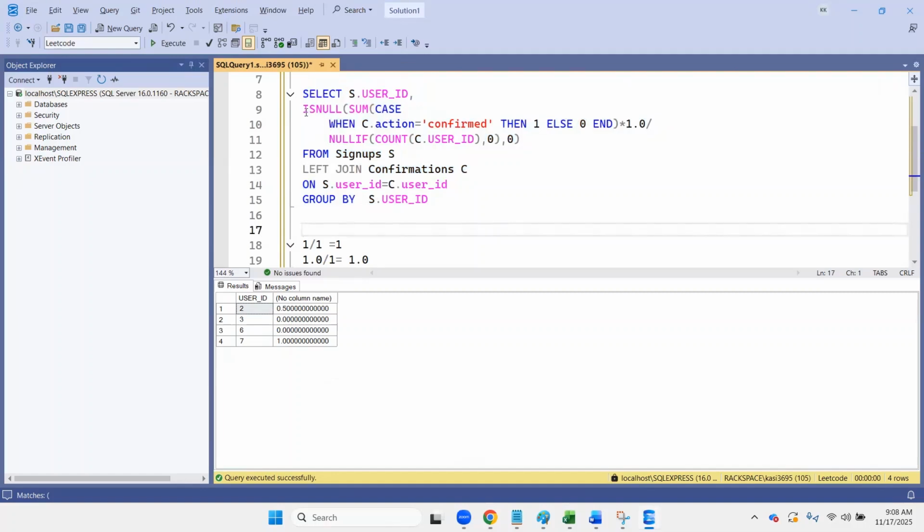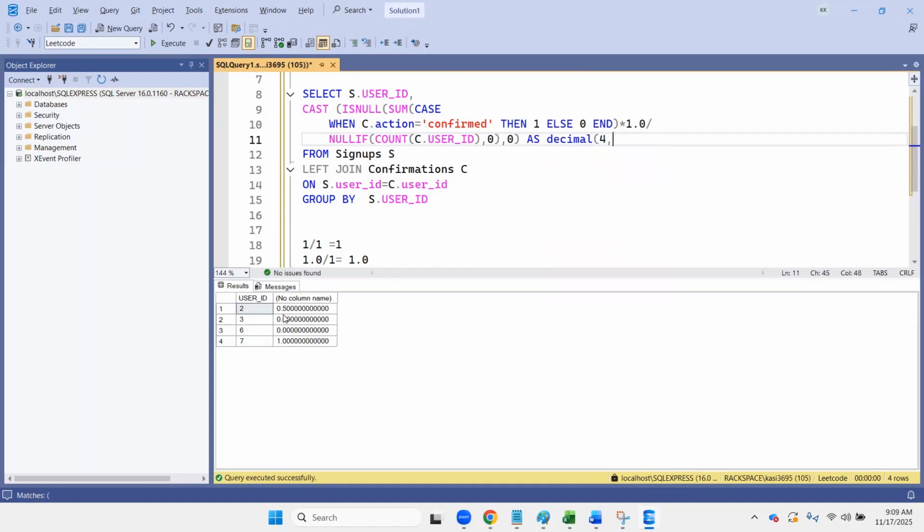For that, I'm applying the cast function. Cast will take the value as decimal. How many parts required? So in total, I'm taking the digits as 4.